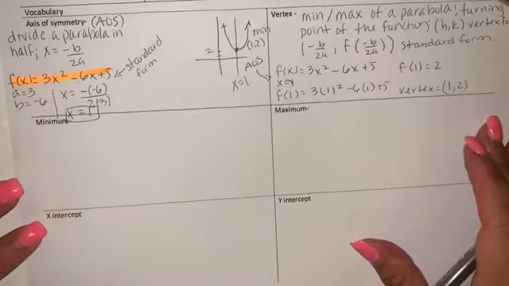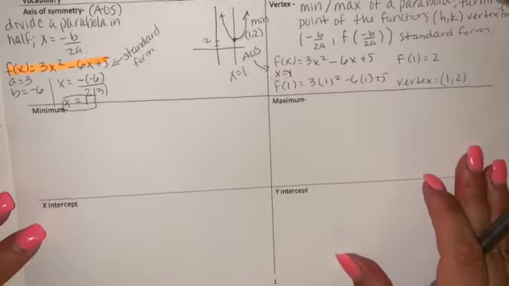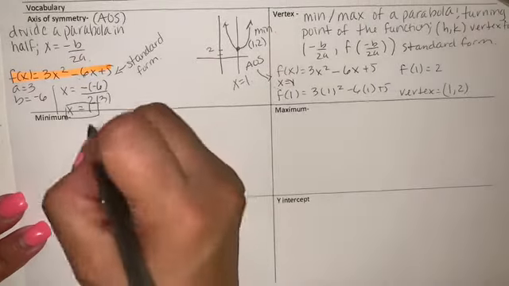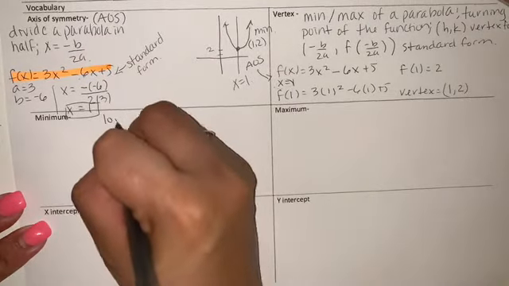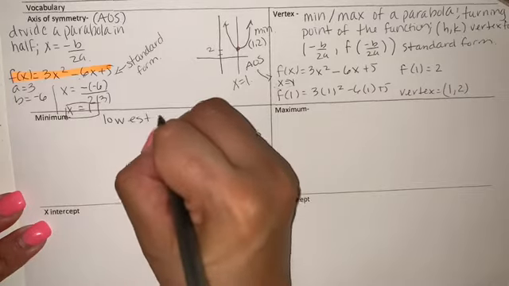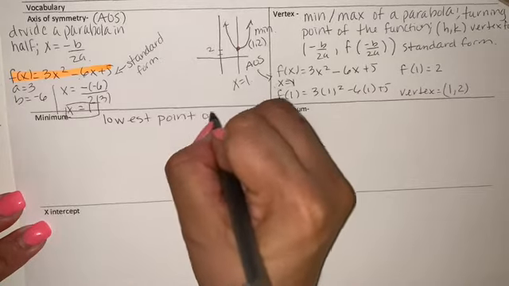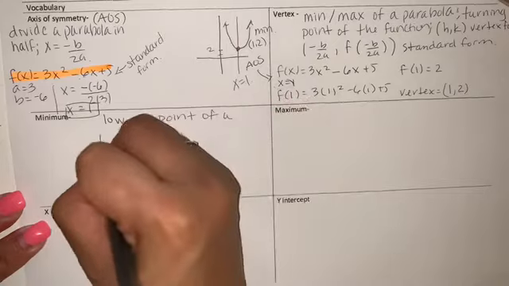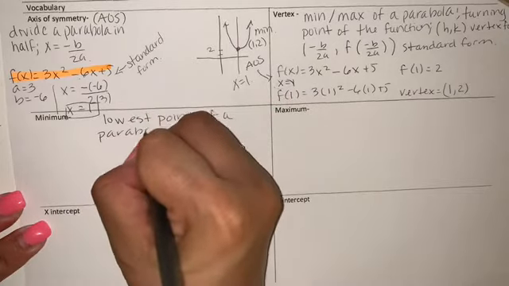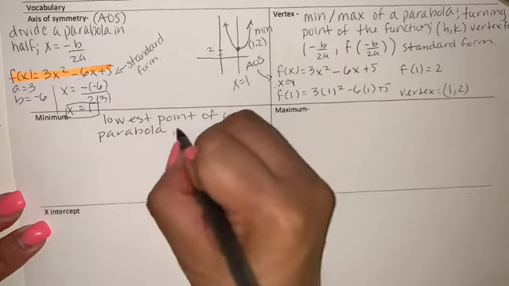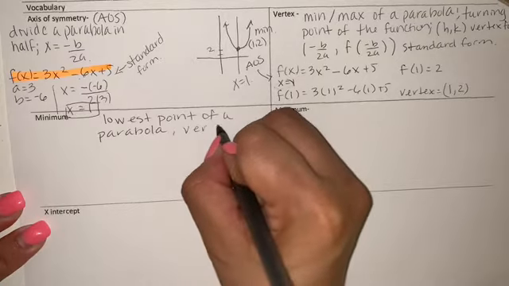So let's talk about minimums and maximums. Again, a minimum is the lowest point of a parabola, or you can say it's the vertex.